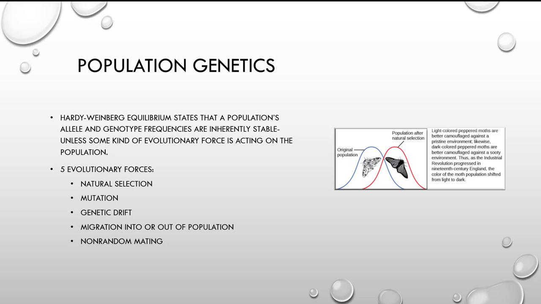Okay. So again, with the Hardy-Weinberg equilibrium, we did have some practice using it, so I'm not going to go into too much detail with it. But again, we can compare the allele frequencies using the Hardy-Weinberg equilibrium, and then that way we can confirm if the population has changed over time.